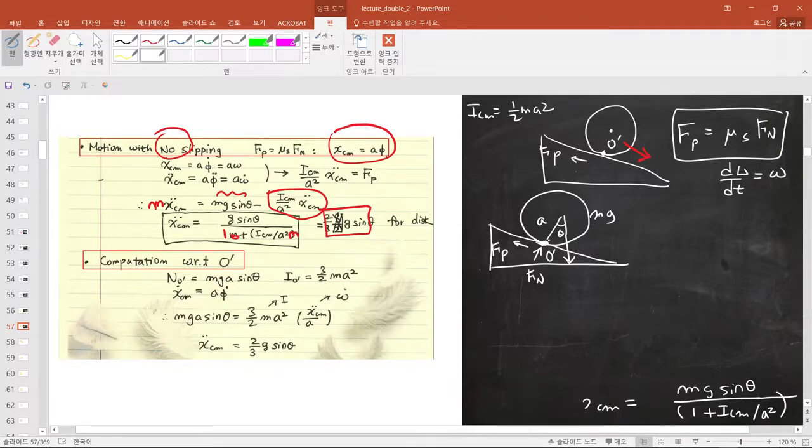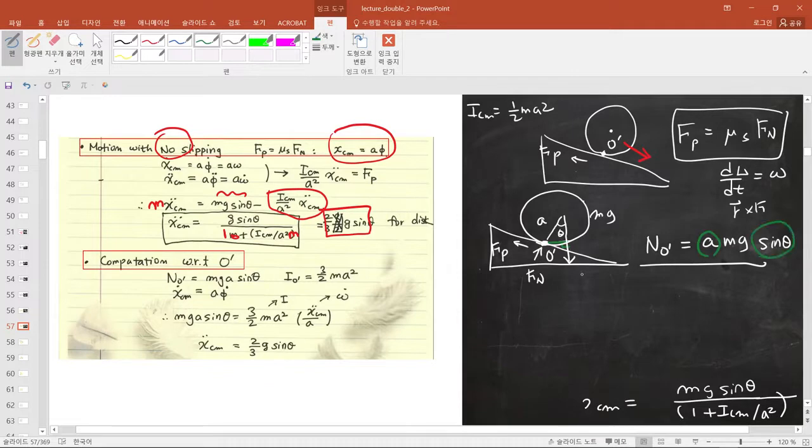This torque is r cross F. Okay, so the torque around this point is a times F times sine theta. Okay, so that gives you a mg sine theta. Okay, so this one. So you can just think of this distance here, that is the moment arm, is a sine theta.